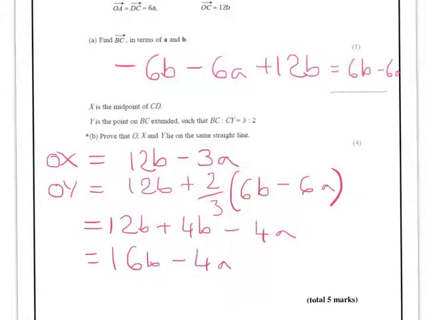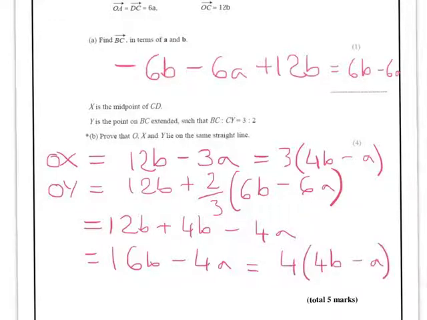To see if these lines are actually parallel, we need to factorise them both. So we're going to factorise 12b minus 3a, and that's going to equal 3 open bracket 4b minus a. And we're going to do the same down here, but we're going to have 4 open bracket 4b minus a, and you can see they both have common factors with a scalar outside.